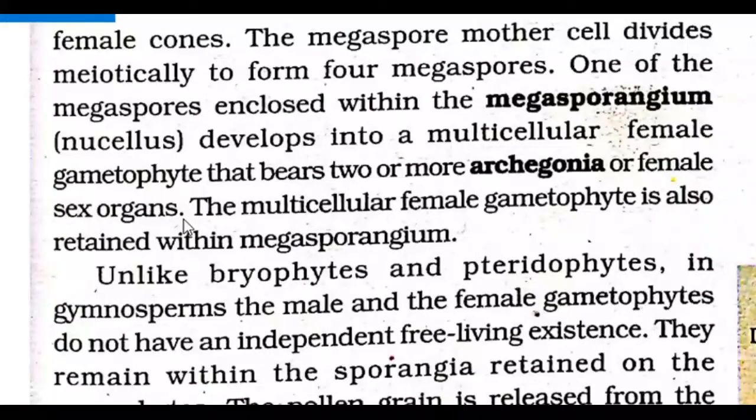So once again see the point here. As we told, the megaspore mother cell undergoes meiotic division and produces 4 megaspores. And from these 4 megaspores, only one is functional. The other 3 degenerate. And this functional megaspore, which is enclosed within the megasporangium or the nucellus, develops into a multicellular female gametophyte that bears 2 or more archegonia or female sex organs.